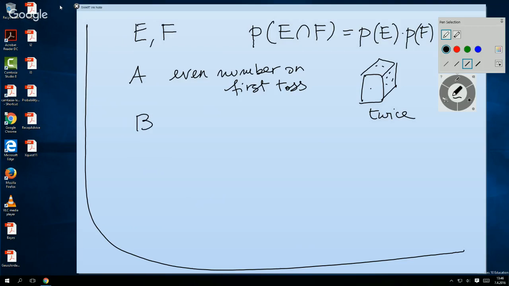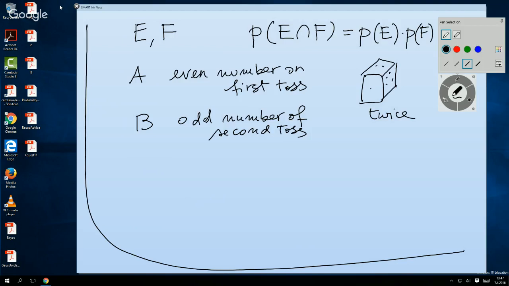Event B is odd number on second toss. Are they independent? I would say so. Intuitively, the fact that I get a 2 on the first toss should not influence whether I get a 3 or a 5 or a 1 on the second toss.